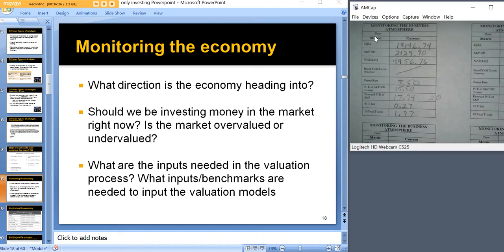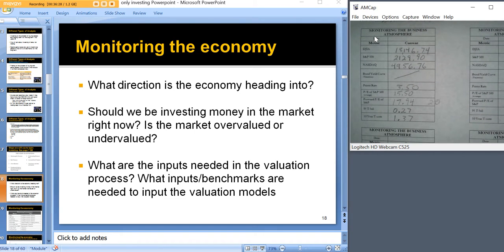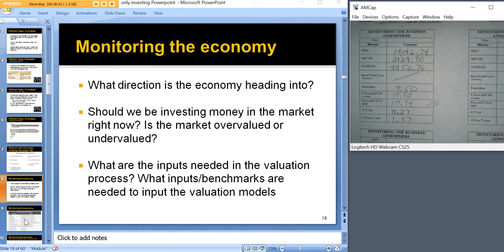Okay? So this is the information we need and we'll be using when we get into the rest of this. So I would say right now might be a pretty good time to invest, even though this is higher, but that's just basically because I know the average used to be 20.